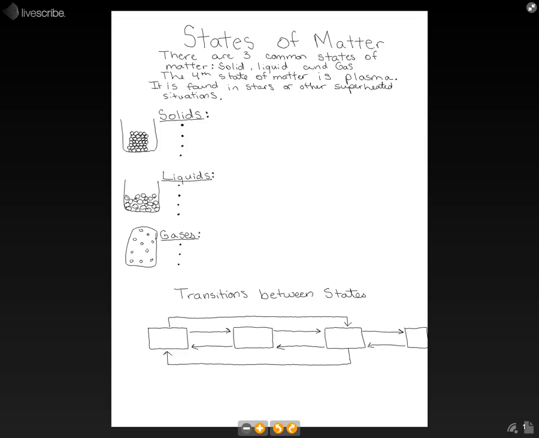So first we're going to see solids. Solids have a fixed volume and shape. Molecules are in a rigid structure. The molecules cannot move freely, but they vibrate in place.